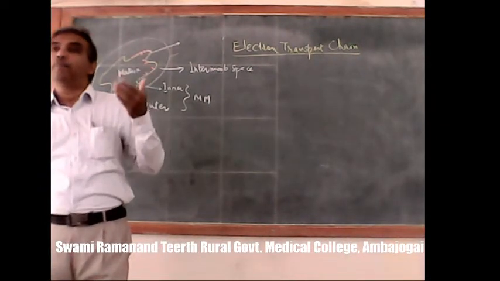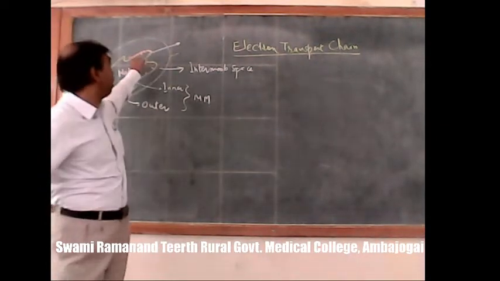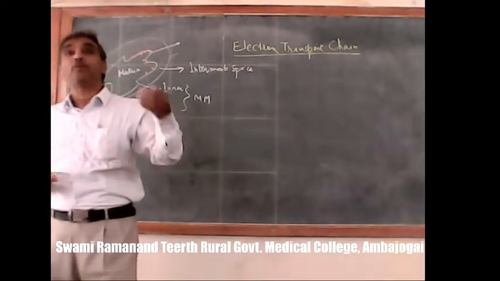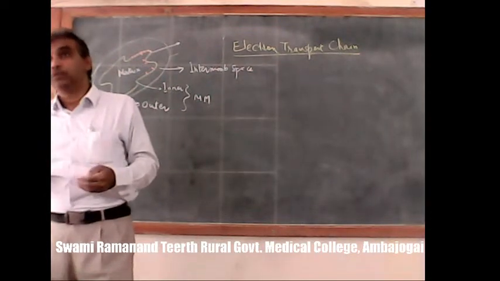So the negative is on the left side and the positive is on the right side, meaning the electrons are transferred from NADH to oxygen.